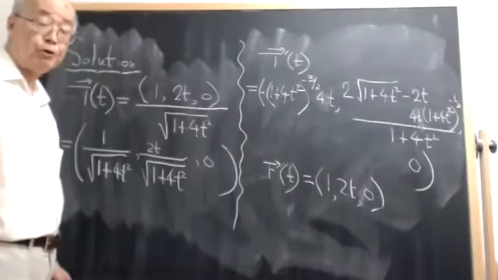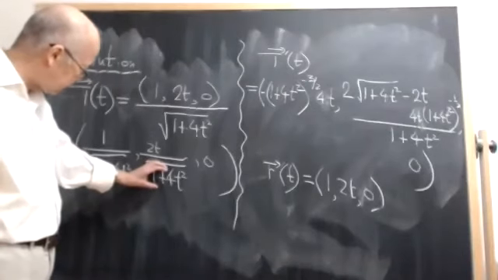Sir, just a clarification. So the derivative of the tangent at t, it's -3/2, right? So 4t times 1 plus 4t squared to the power -3/2. Which entry are you talking about? I'm talking about how you use the quotient rule.